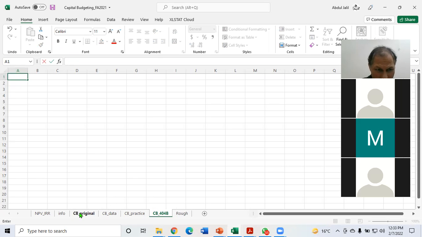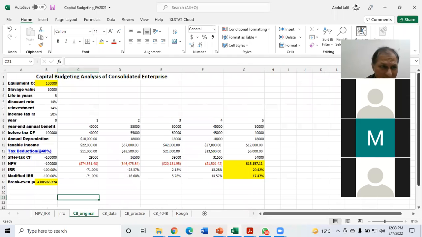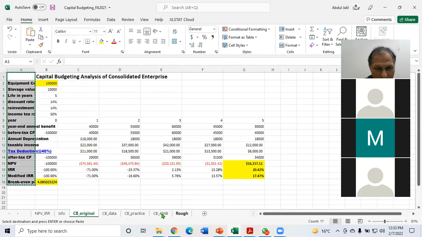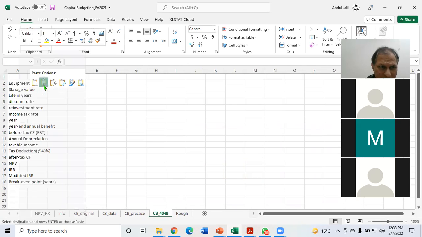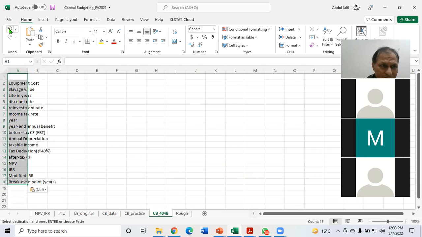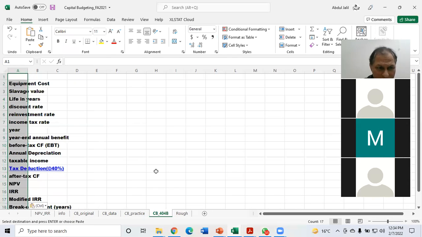So first of all, what you need to do is find out these values, whatever is mentioned here. So these are the values. First you need to copy them, because you are going to generate a new sheet. Better to copy as it is, and then make it here.